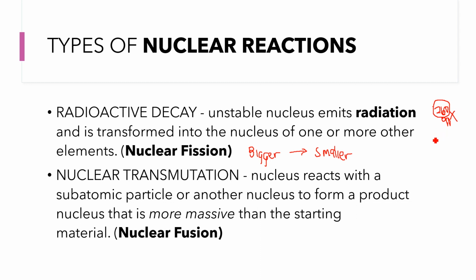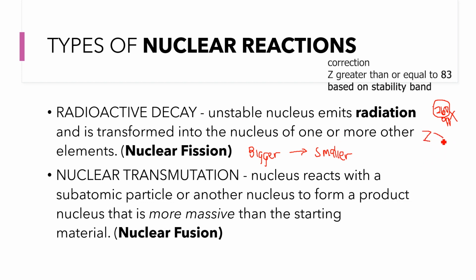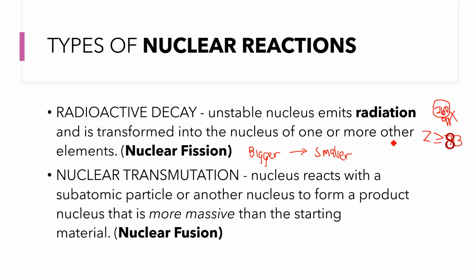And also, kino-consider kasi natin na mga big nuclides o yung mga usual na nag-undergo ng radioactive decay is kapag yung atomic number mo ay greater than or equal to 73. Okay? So, kung meron kang nuclide na ang atomic number ay more than 73, that's actually considered a big nuclide.